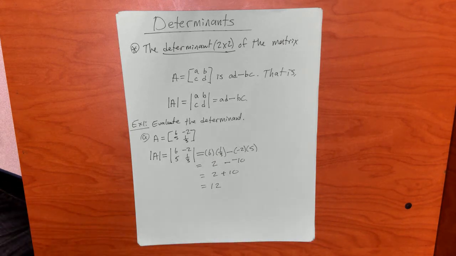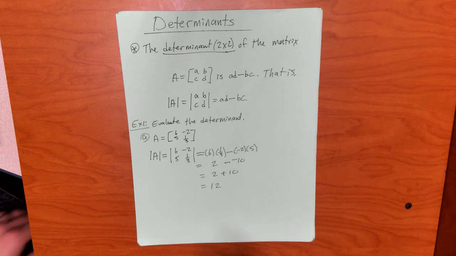Some of the things in real world applications that you use these in: solving linear equations, which is what we're doing. You can find an area of a triangle. You can determine where 3 points are collinear, and you can find an equation of a line passing through 2 points. So there's a lot of uses for this. We just need to get used to working these types of problems.